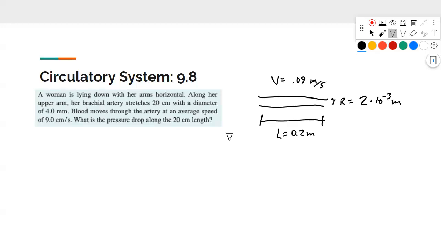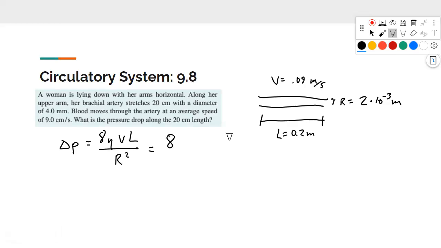Okay, and we want to know what's the pressure drop, delta P. We just were looking at the pressure drop equation a minute ago. It's on a previous slide. So just to write that down for you, it's 8 eta VL over R squared. And so we know most of these numbers. We know the 8.